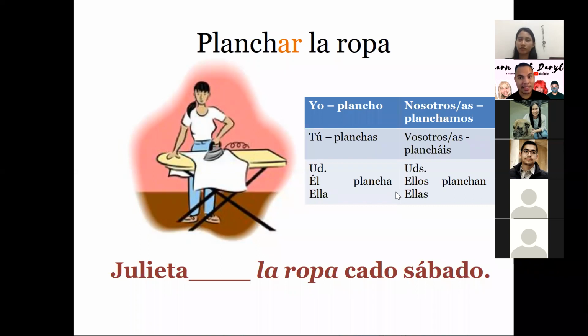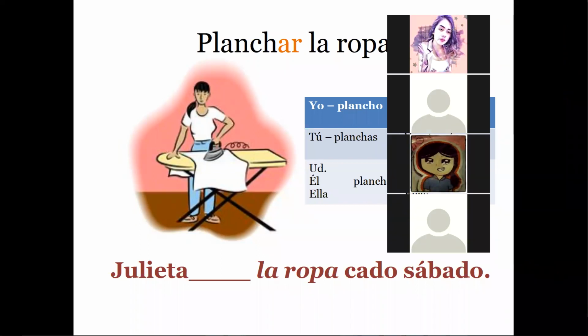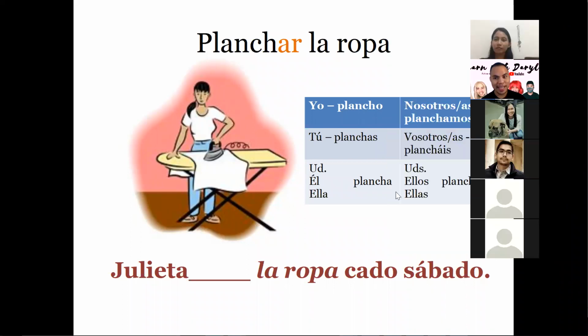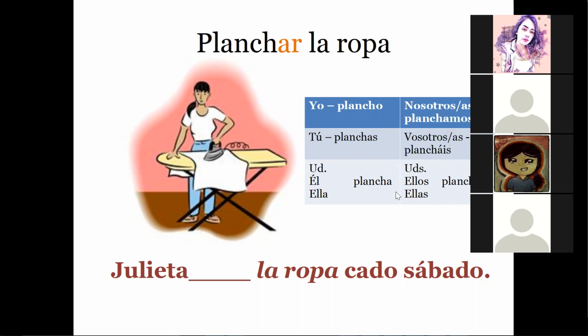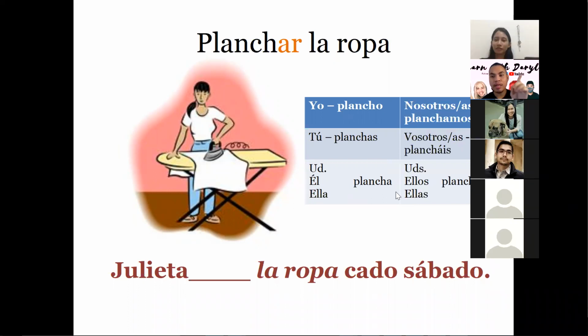Sorry guys, it's cada sábado. It was already late when I was typing this. That's cada sábado. Okay? And be careful as well, if you have already studied this, for days and months of the year, it's always small letters. And then some of them have an accent on top of the vowel.